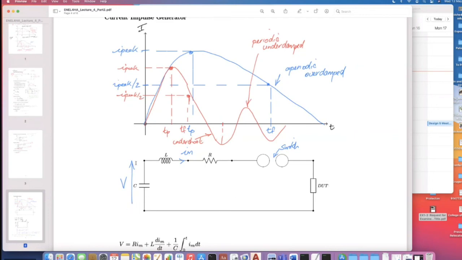So if we charge up a capacitor to a certain amount, we can basically just discharge that capacitor into the device. So basically, we switch something and we short circuit that capacitor.